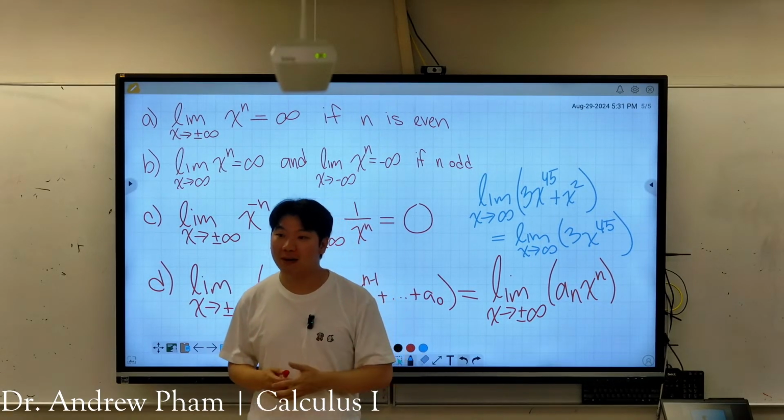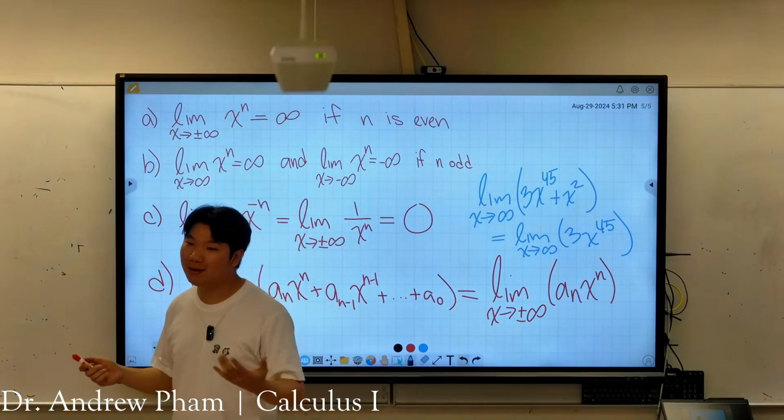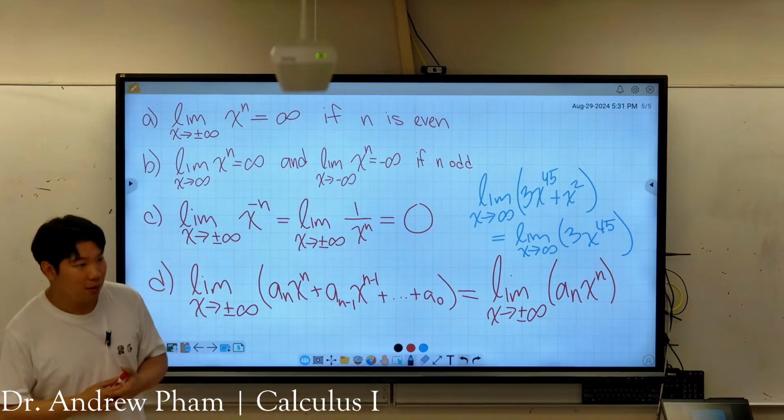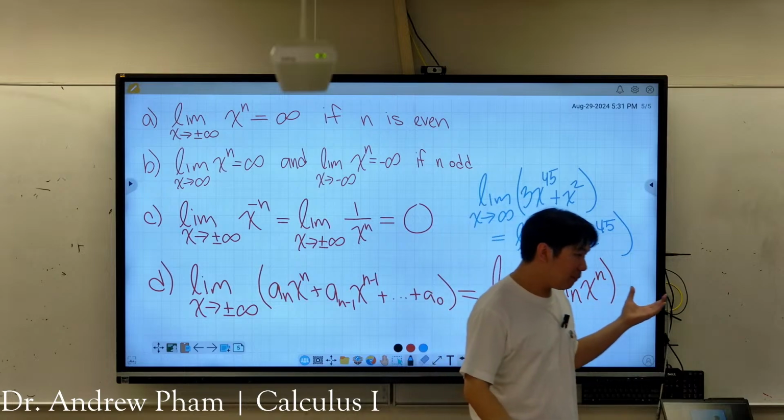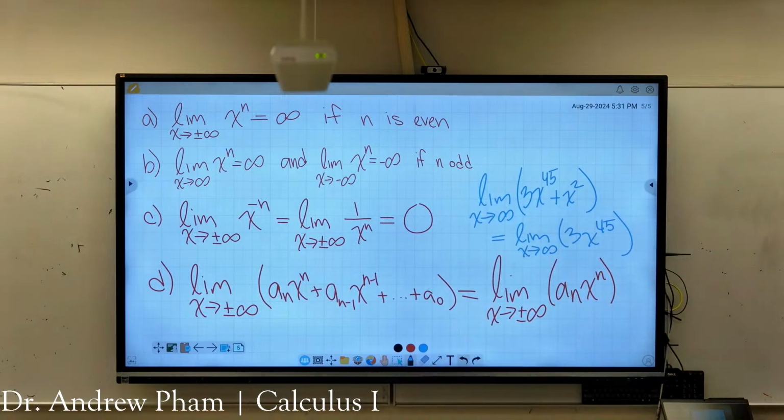The 45th power. That's really going to determine what's going on in the long run. Even though in the beginning x squared may have a big effect, as I increase my x values, that x squared is not going to mean much. The 45th power is really what's going to do all of my work.